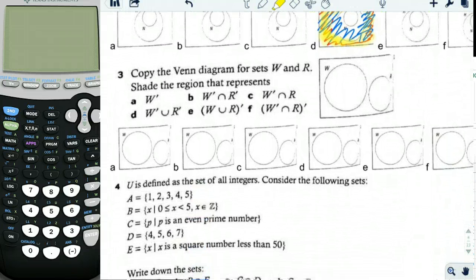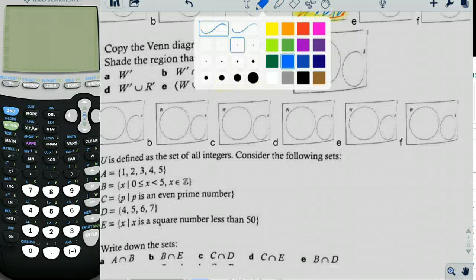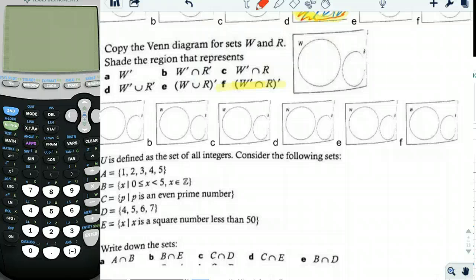Let's see. Shade the region that represents. Let's do this one here. Okay. So let's see. Not W. Not W. All that.